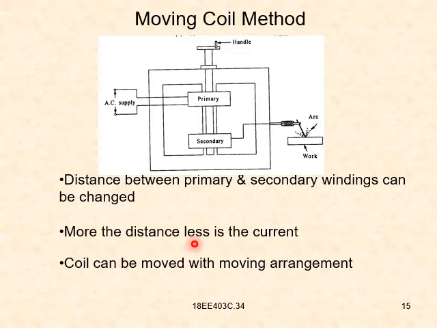In order to increase the current, the distance has to be reduced. That means secondary has to be brought very near to the primary, and that can be moved with a special arrangement, that is moving arrangement. Just make a note of the points.